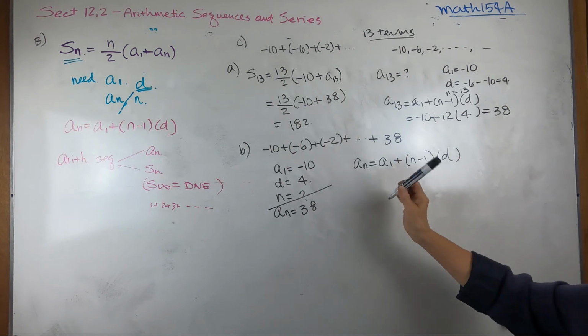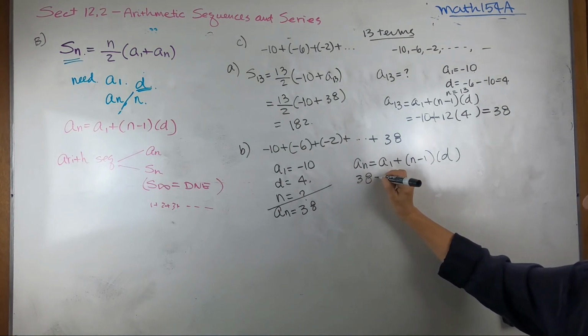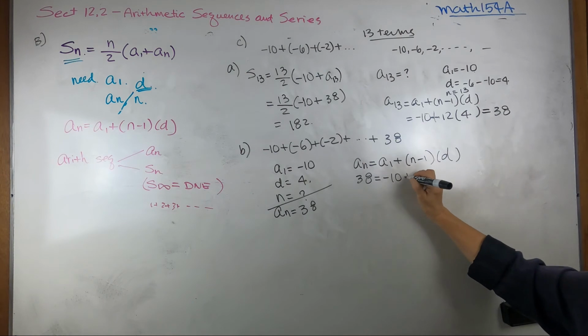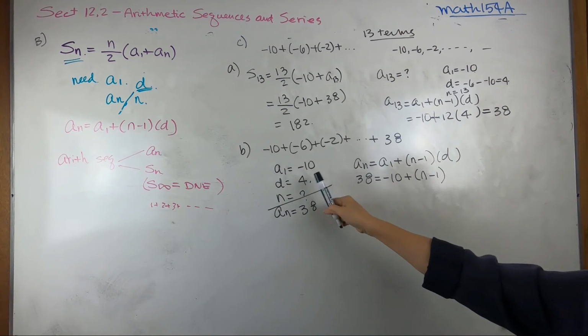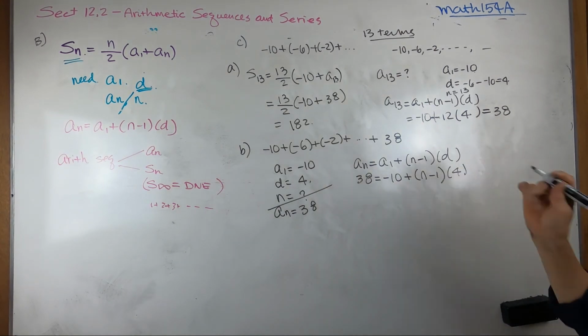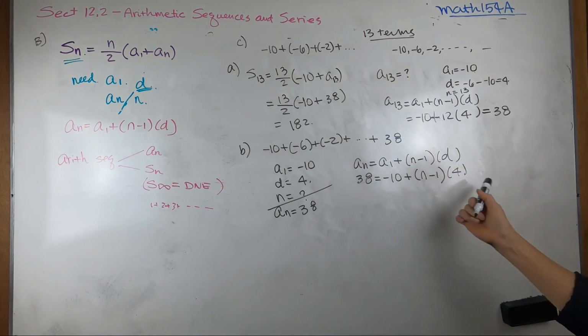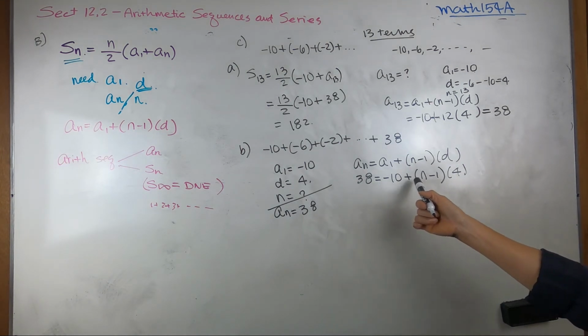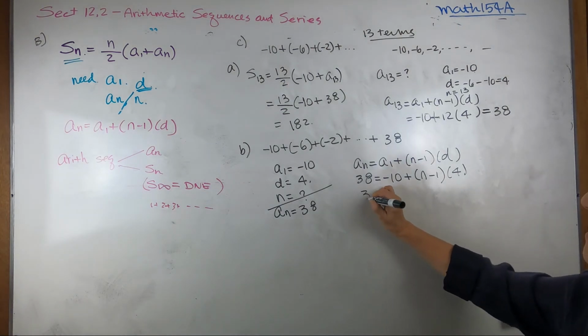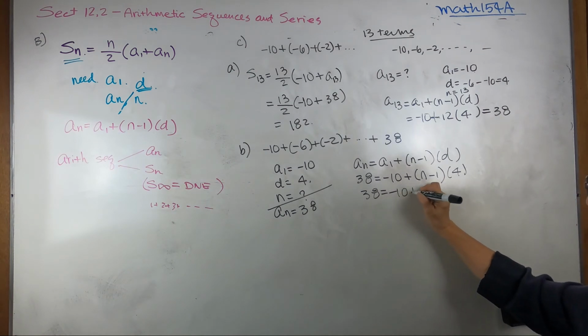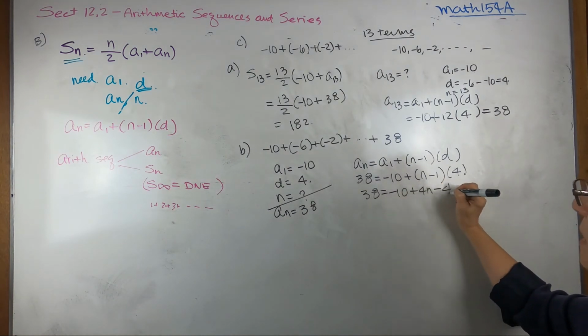So we do know AN, which is 38. A1 is negative 10. Do we know the N? No. N minus 1. Do we know the D? It's 4, right? When we plug in, we only have one variable missing. Linear equation. Can we solve it? Find the N? Yes, right? 38 equals negative 10 plus 4N minus 4.